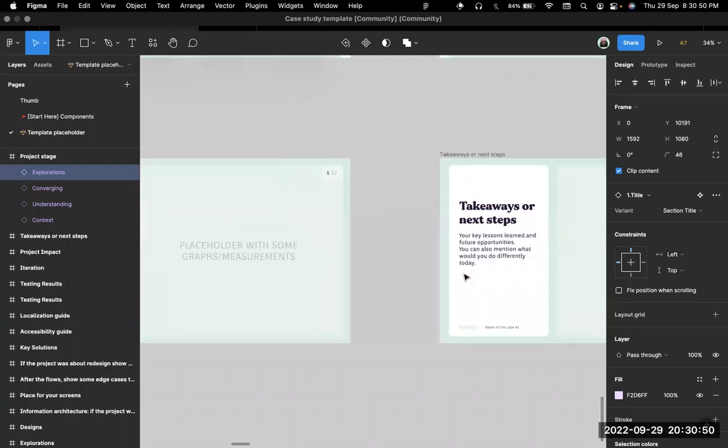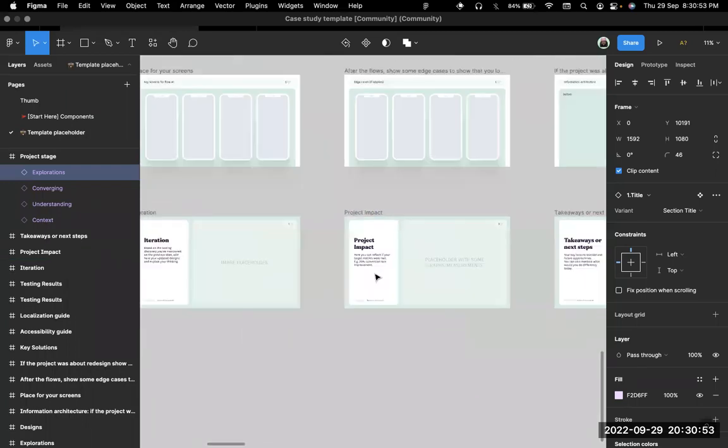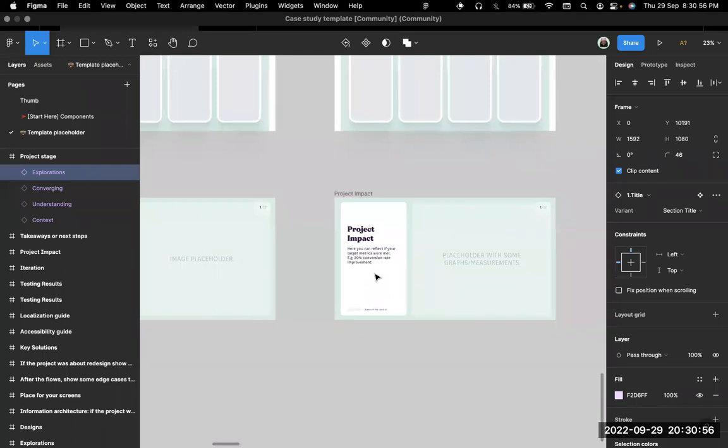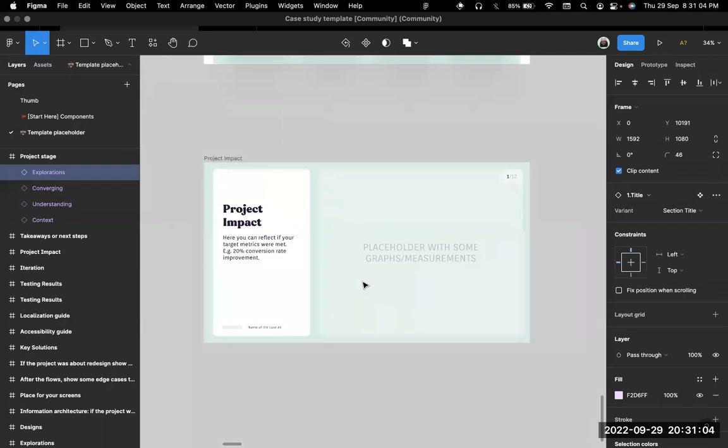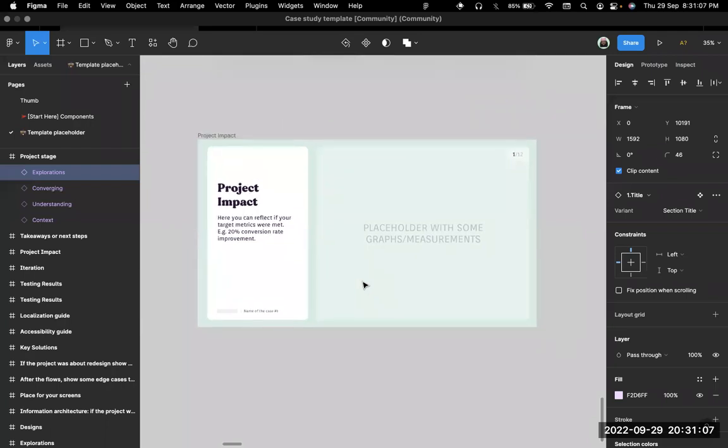Okay, and you need to understand that you must not have every single thing here in your case study. If you're building a case study that is not a real project, that is not realistic, you can't come and tell me that at the end of implementing your UI or your research, the company had a 50% increase in revenue. Come on. Yes, I understand you're trying to make assumptions, but your case study depends on the kind of project you're working on, and on whether it's a real project, a test project, or just a sample.